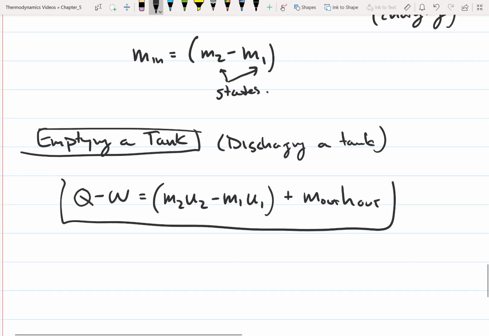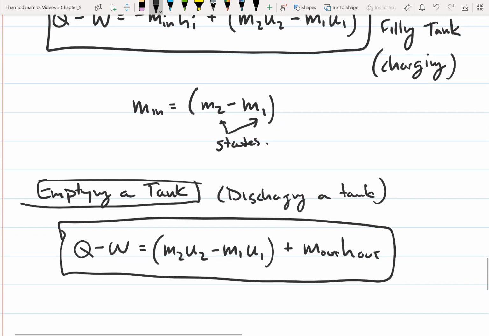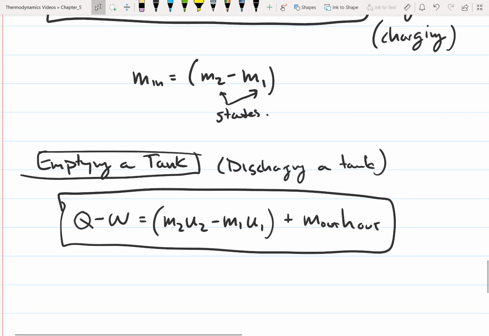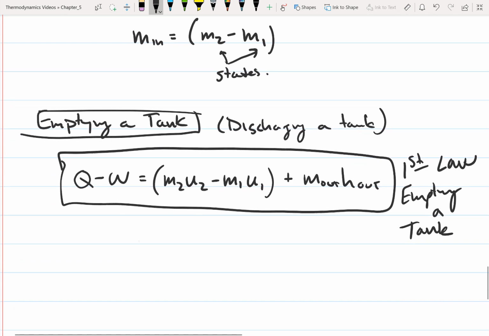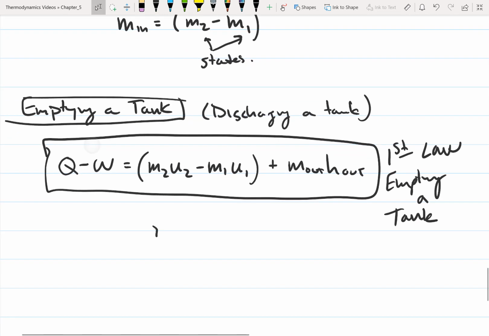And so this is our first law equation for discharging a tank. So first law for emptying a tank. And then our mass balance is going to be minus mass out is equal to M2 minus M1. So we can just multiply through this negative sign and we get M out is equal to M1 minus M2.